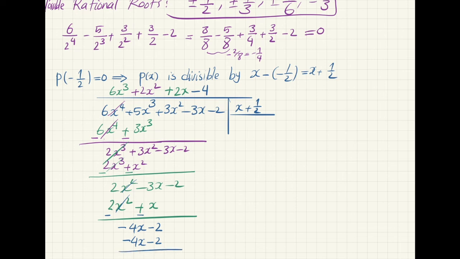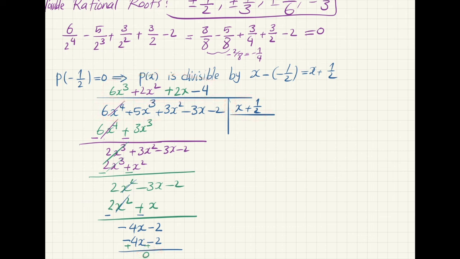If I change the sign, I add them, and I expected to get the 0 as the remainder. I write that the dividend is equal to the divisor multiplied by the quotient, plus the remainder.